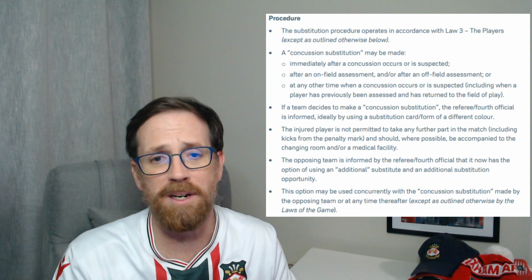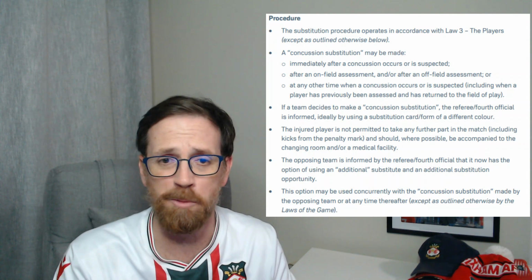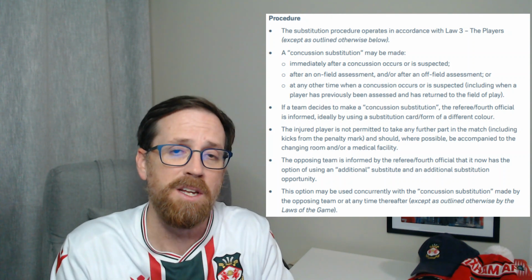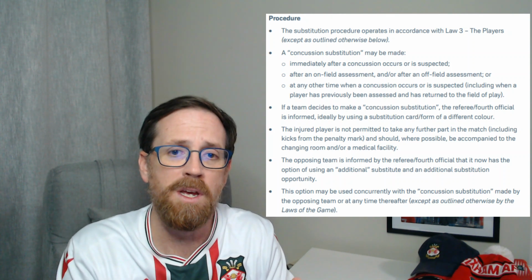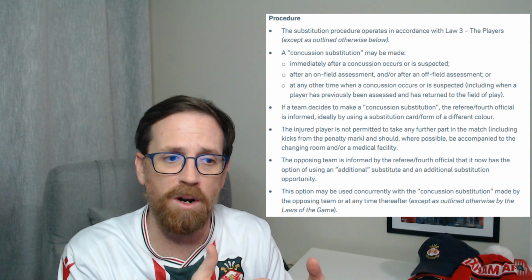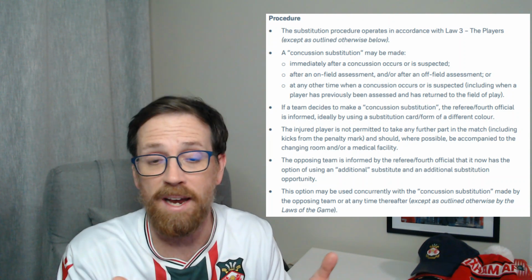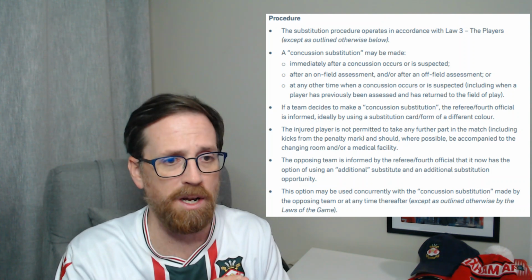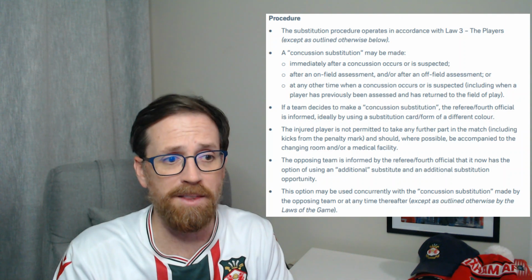You can have people who get a knock, they don't show any symptoms, and a little bit later they do something funny and end up showing concussion symptoms, and it makes perfect sense to allow a team to substitute at that point in time when symptoms become known or are advised by the medical staff. So pleased to see that the concussion substitution doesn't have to be immediate.